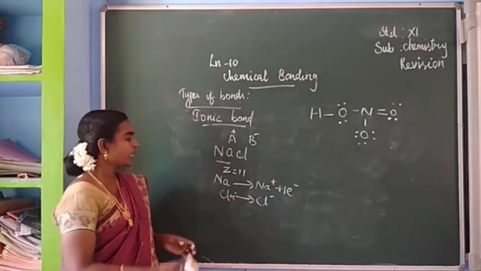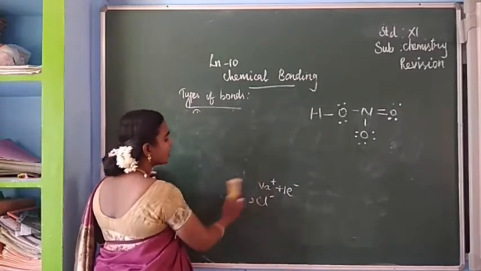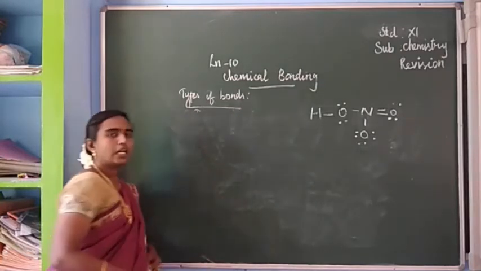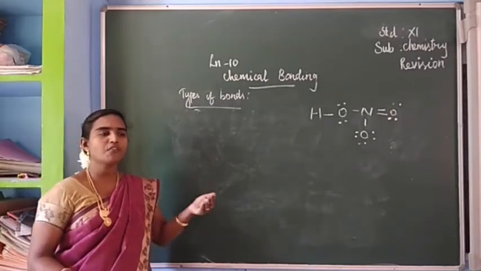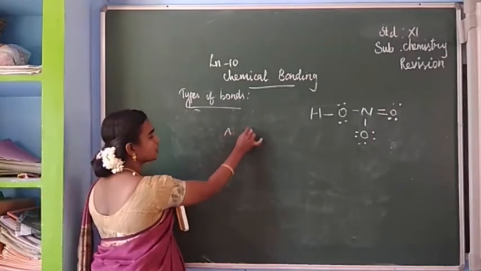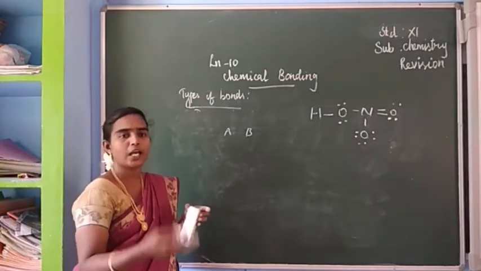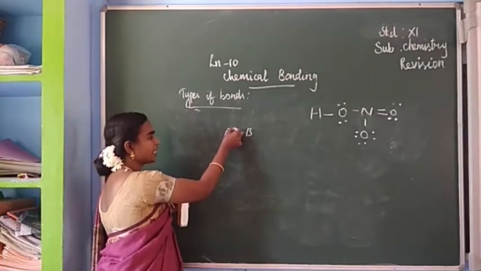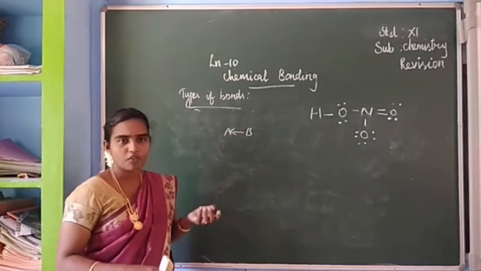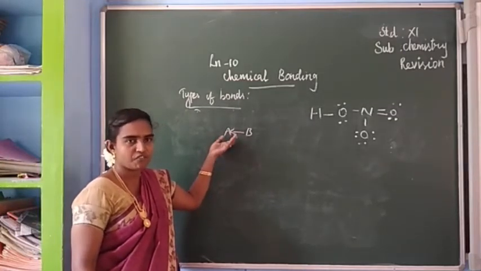electrovalent bond. So, the next type of bond is the coordinate covalent bond, isn't it? Coordinate covalent bonds are formed by donation from either of two atoms. Among the two atoms linked together, one of the atoms donates the pair of electrons. For example, if B atom is more electronegative or has an excess pair of electrons, this atom donates that pair of electrons.